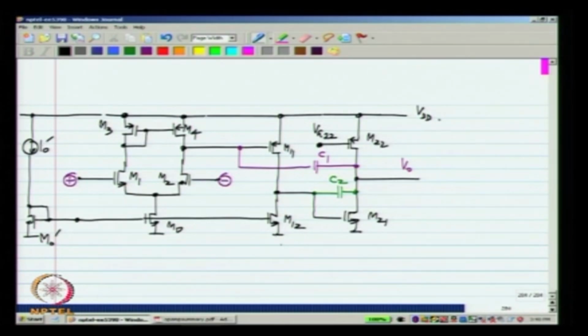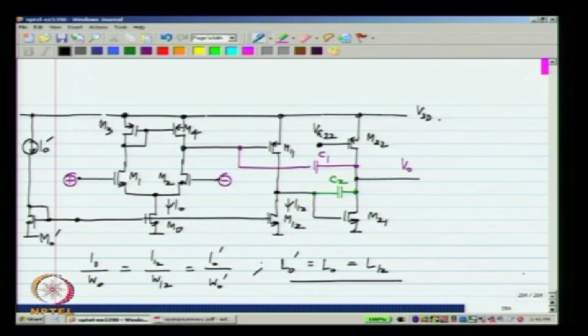As usual, whenever you make a current mirror, you make the lengths of all transistors the same and the widths are in the ratio of the currents that you want. So, let us say this is I0 and this is I12. That means that I0 by W0 should be I12 by W12, which should be I0 prime by W0 prime, and L0 prime and L0 and L12 should all be equal to each other.